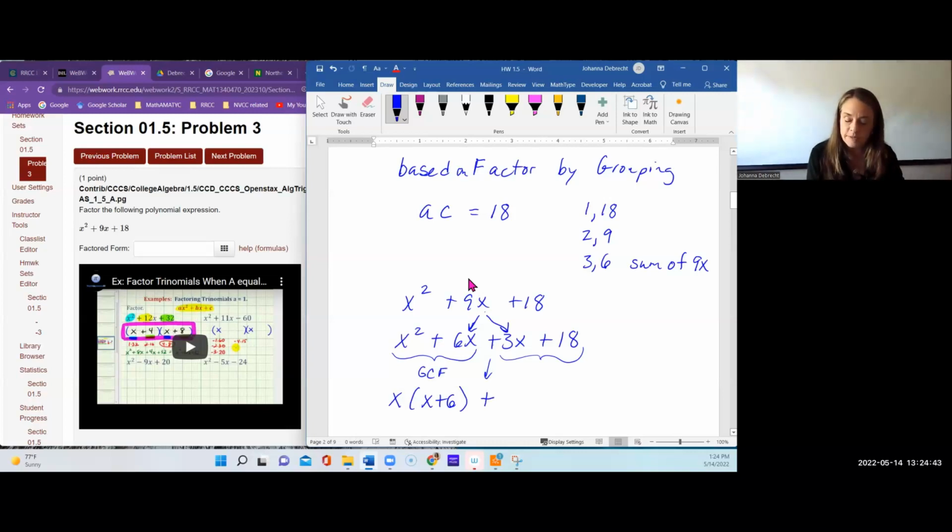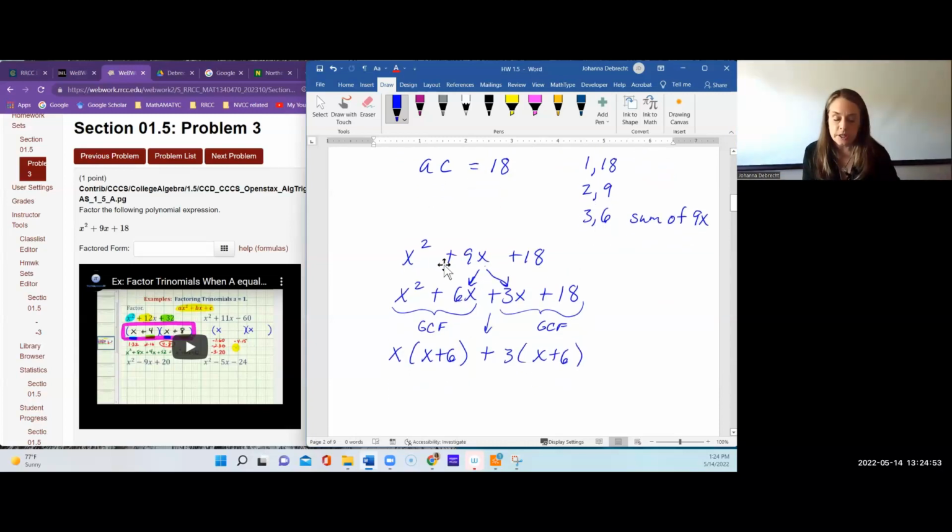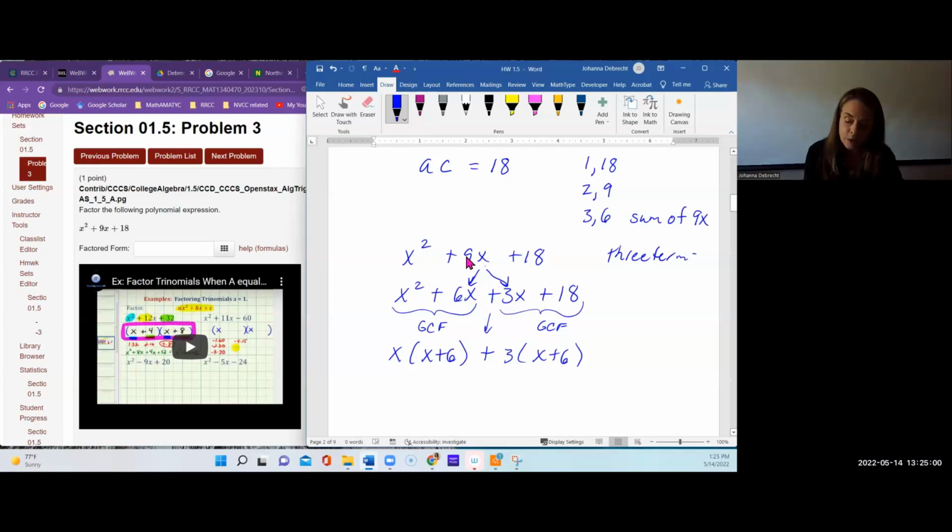The greatest common factor of 3x and 18, when I look for the GCF, is 3, and that leaves behind x plus 6. Now I've reduced it from 3 terms here, and then it went to 4 terms here, separated by the pluses and the minuses if you have them.